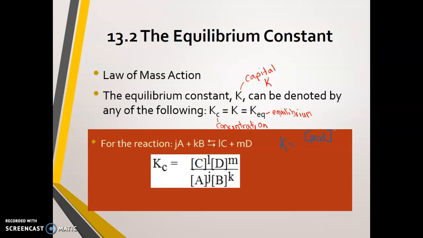Products raised to the power of their coefficient, which is Y, divided by the reactants raised to the power of their coefficient, which we're going to call X. And of course, if you have more than one, then you're multiplying them together, as is shown here. So remember, brackets mean concentration, moles per liter, which is also equal to the molarity.